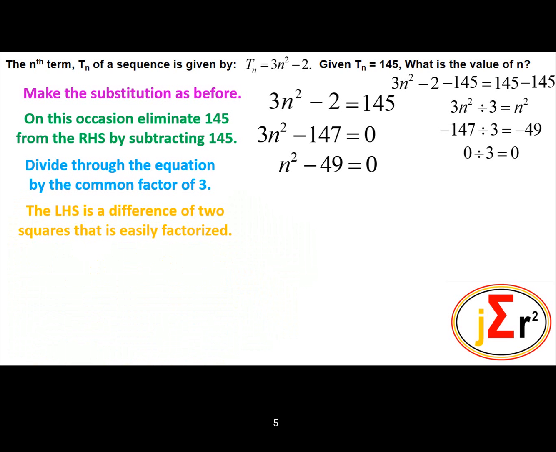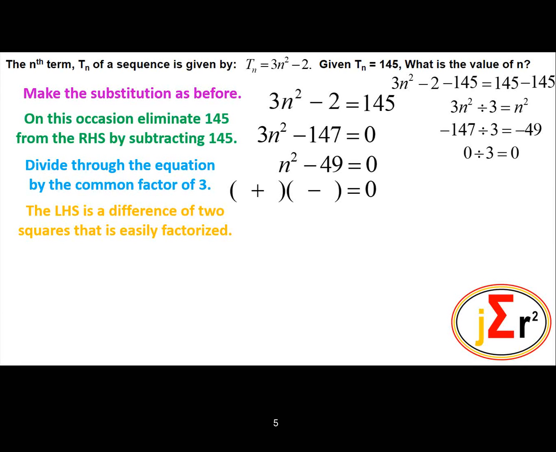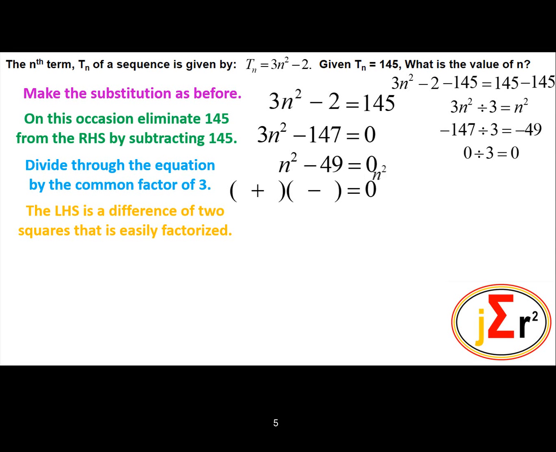Therefore, we need to factorize that difference of 2 squares. So we are making provision for the factorization of the difference of 2 squares. This is just a snapshot of what we mean by factorizing the difference of 2 squares.